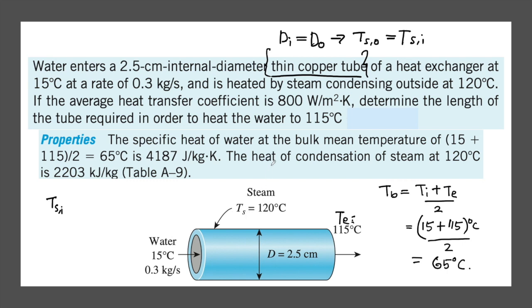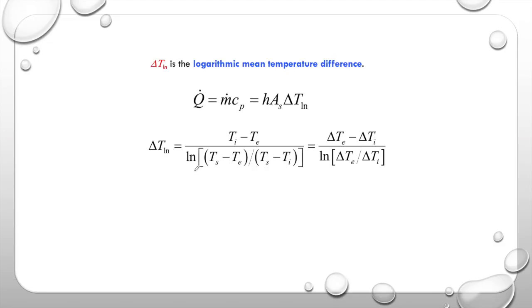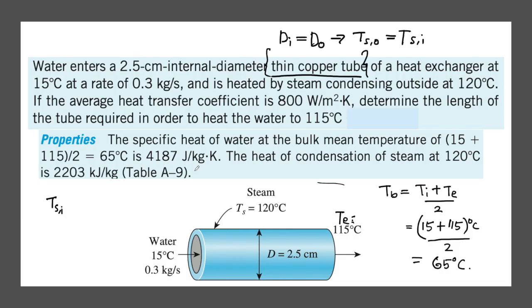Okay, because we have to find the heat of condensation of steam at 120 degrees Celsius, because in the equation we require this information in order to calculate the Nusselt number or any other properties that we want to calculate.